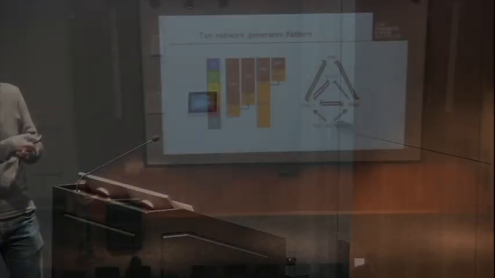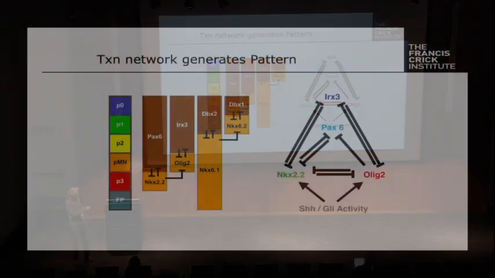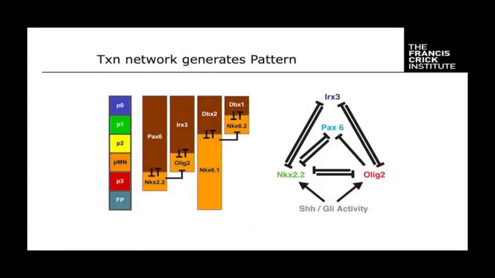From these types of experiments, we can begin to build a gene regulatory network which connects pairs of these transcription factors together. You can notice there are lots of cross-repressive interactions within this network. From this network, we can extract smaller circuits comprising fewer of these transcription factors, and then begin to examine them in more detail.